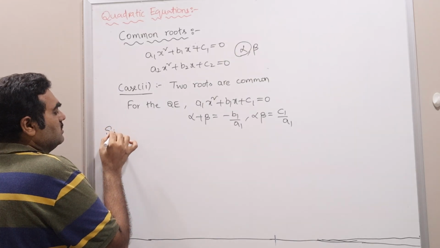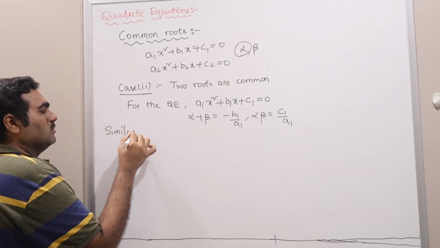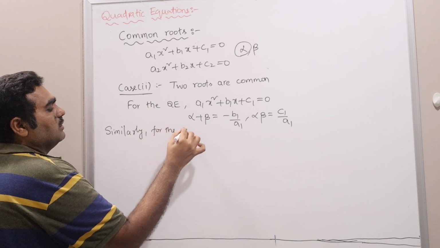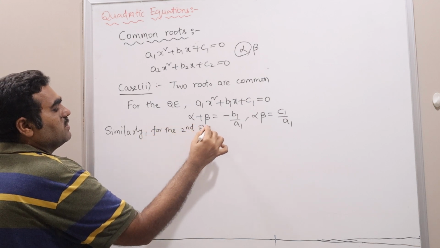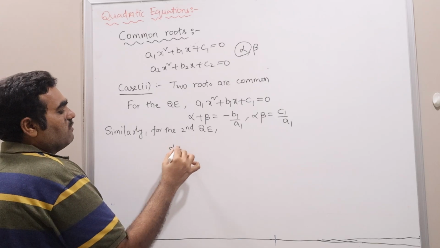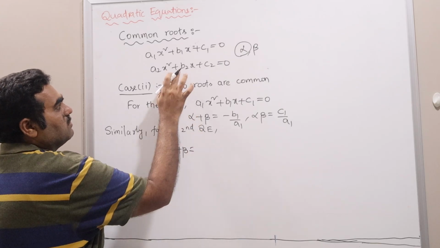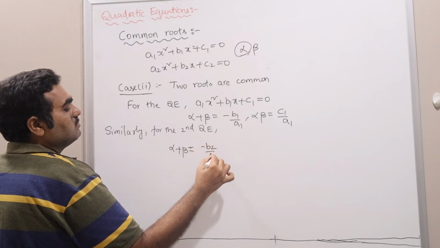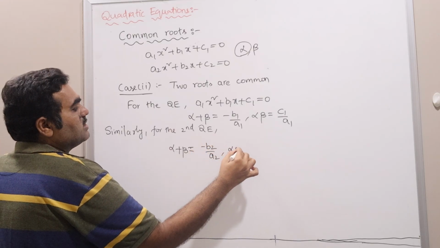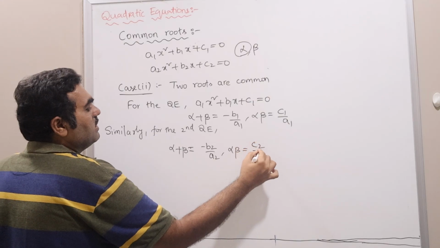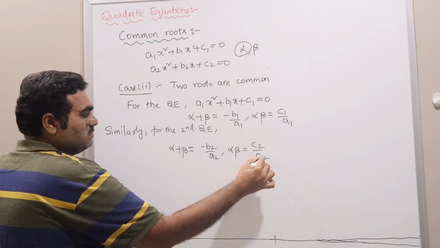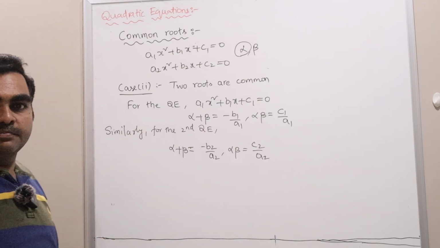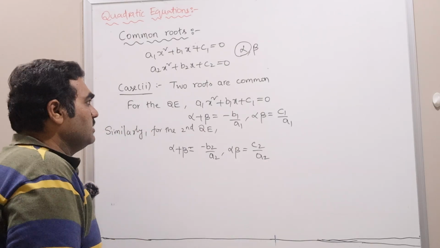Similarly, for the second quadratic equation, alpha plus beta is equal to minus b2 by a2 and alpha beta is equal to c2 by a2. So this we have discussed clearly, right?